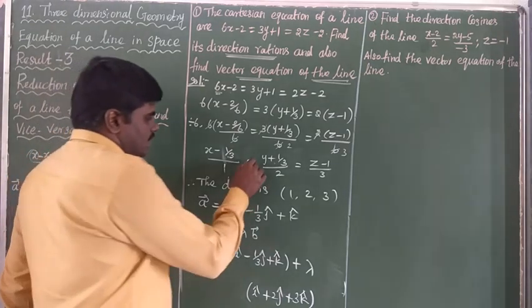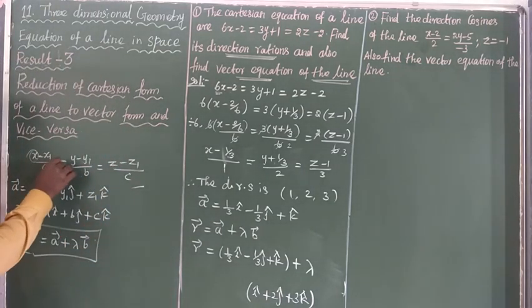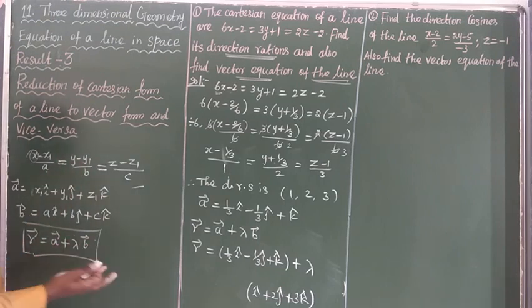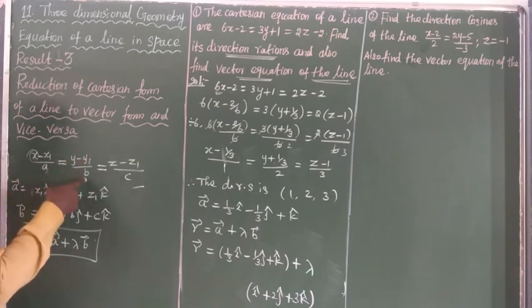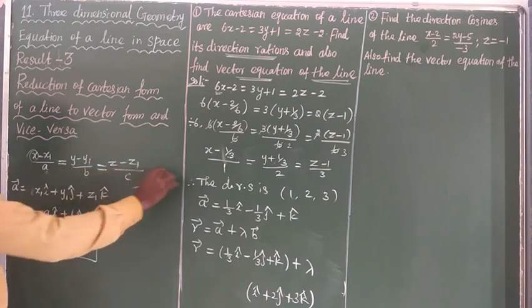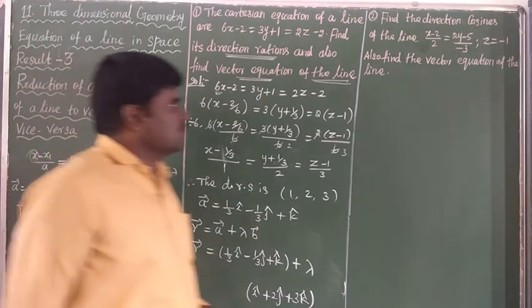Just note the general form of a straight line equation: symmetrical form, or another name, Cartesian equation. That is (x minus x1) by a equals (y minus y1) by b equals (z minus z1) by c, all equal to some scalar. Is it clear? Right.